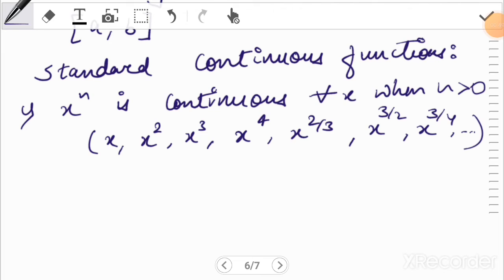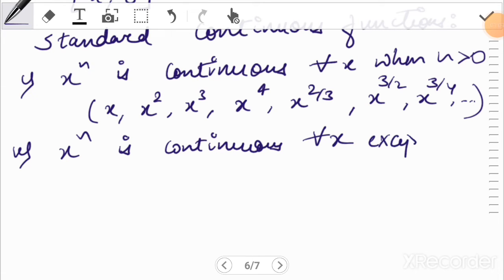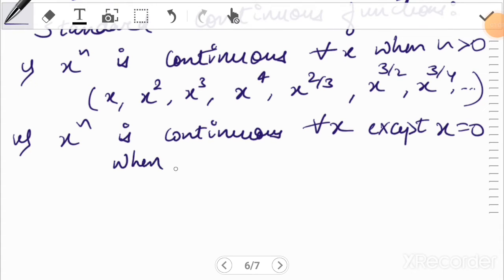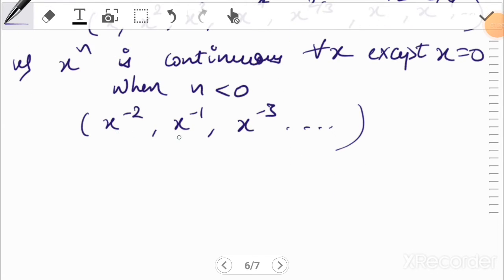Second, x raised to the power n is continuous for all x except at x is equal to 0 when n is less than 0, that is x power minus 2, x power minus 1, x power minus 3. So this is 1 by x squared, 1 by x and 1 by x cube.